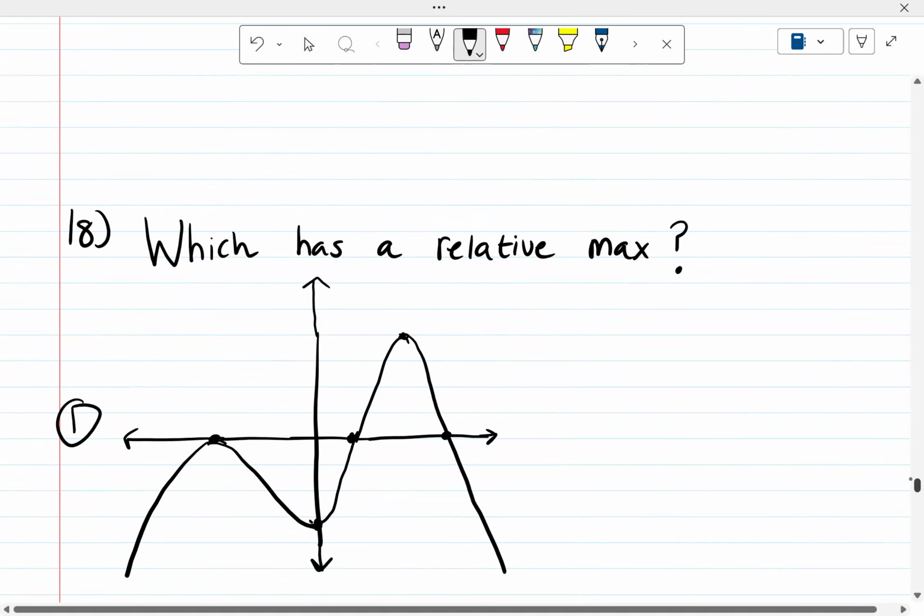So 18 says, which has a relative max? So what is a relative max?